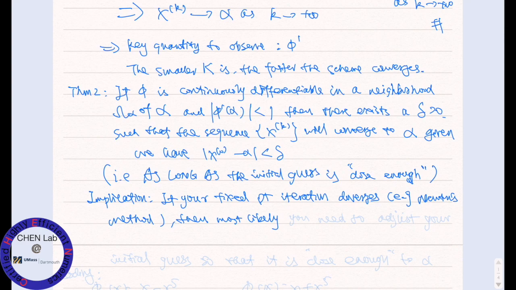If it's not a trivial bug, most likely you need to adjust your initial guess so that it is close enough to alpha.